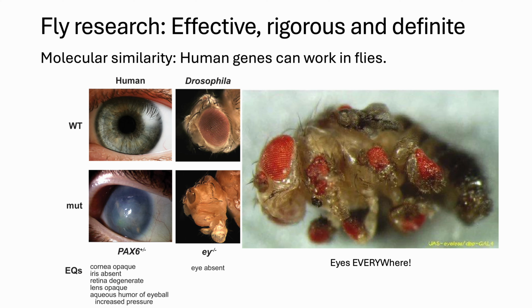No, because though the structure of the eye is there, the innervation and connection to the brain is missing, but the development of the eye can occur in many places outside where it is supposed to on a fly, if you express the human gene that is involved in eye development into a Drosophila, right? So this suggests that there is molecular similarity between human genes and Drosophila genes, right?